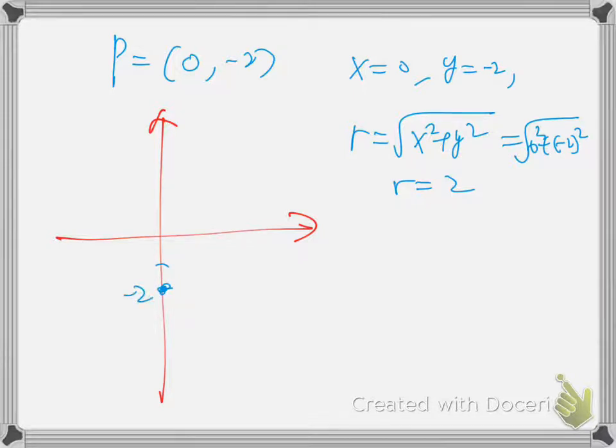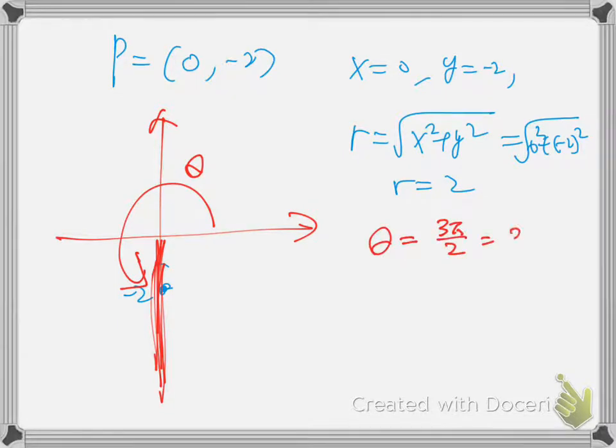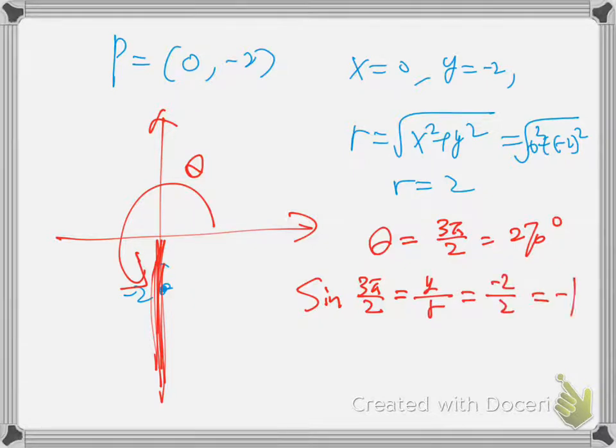So now P is on the terminal side. We know this is the angle theta, so our theta is 3 pi over 2, or 270 degrees. Sine of 3 pi over 2 is y over r, which is negative 2 over 2, negative 1. Cosine of 3 pi over 2 is x over r, so 0 over 2 is 0.